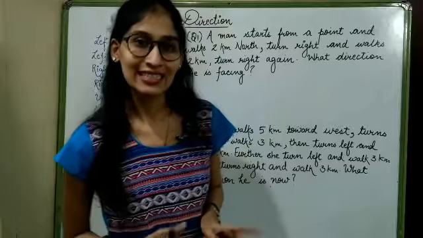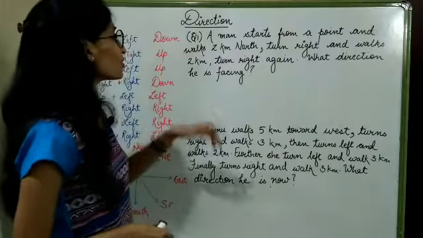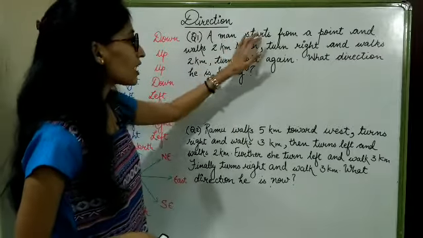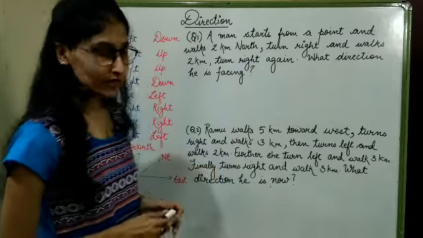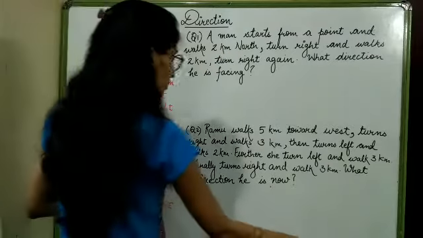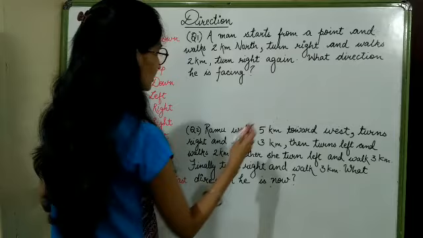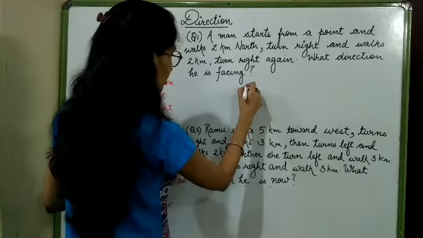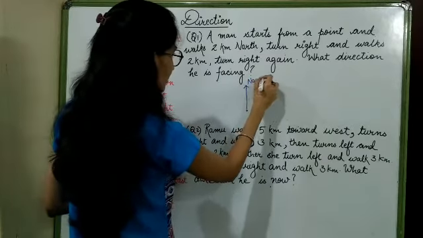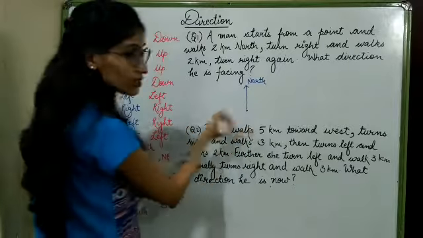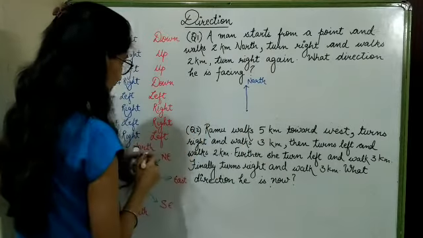So let's get started. My first question here is, a man starts from a point and walks 2 km north. Let's say my point is this. North direction will be upwards. This will be east, west, north and south.